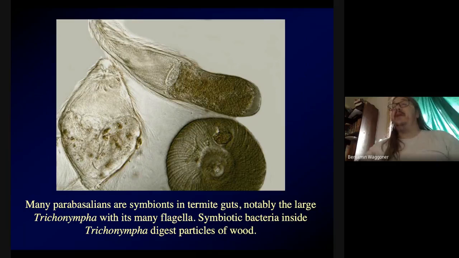And especially in the one at the lower left, you can see brown wood particles inside the cytoplasm in the posterior half. So these engulf particles of wood, and then it's symbiotic bacteria inside the trichonympha, inside the termite, inside the parlor floor, that do the actual breakdown of the wood.